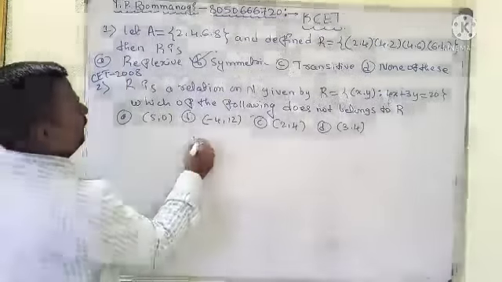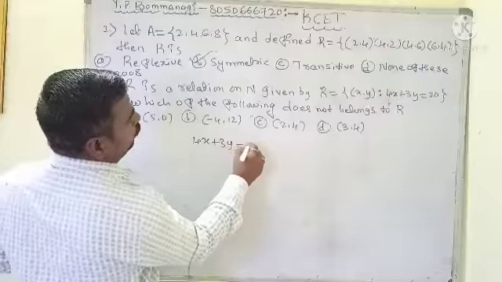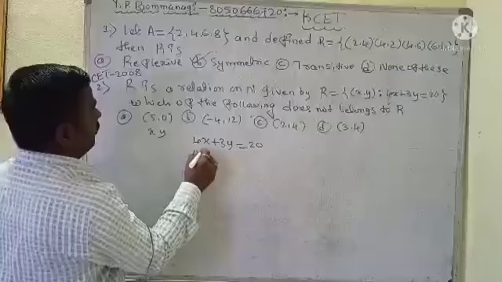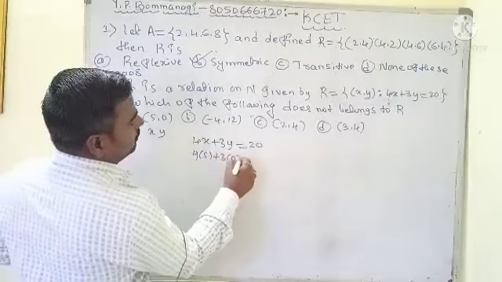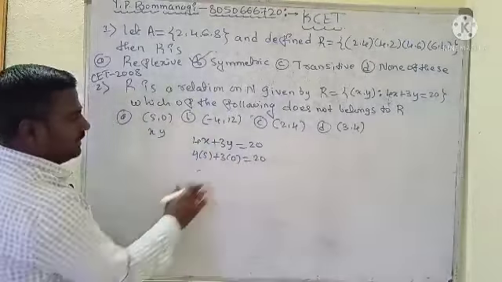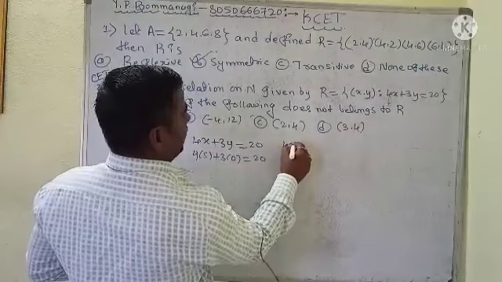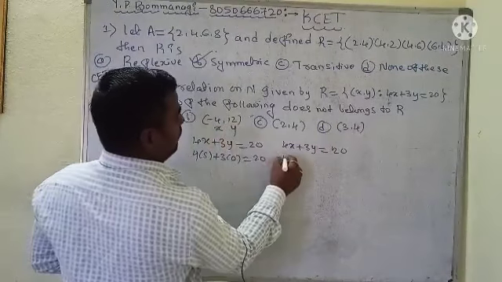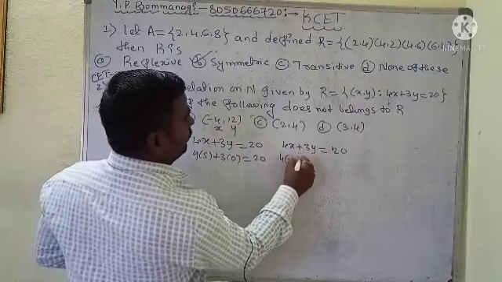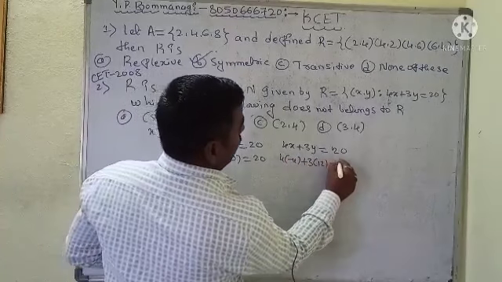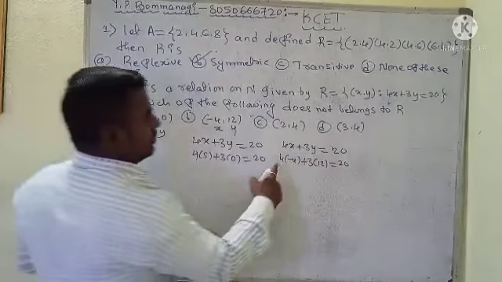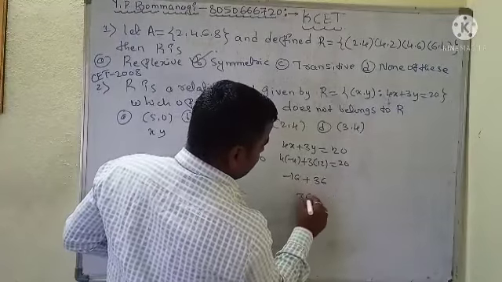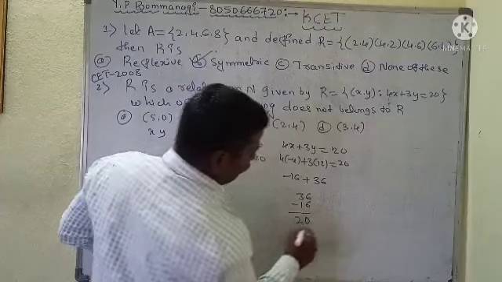Look at the question first. The statement is 4x plus 3y equals 20. First check (x, y) as (5, 0): 4 times 5 plus 3 times 0 is 20. Got it? Second, (-4, 12): 4 times -4 is -16, plus 3 times 12 is 36, gives 20.